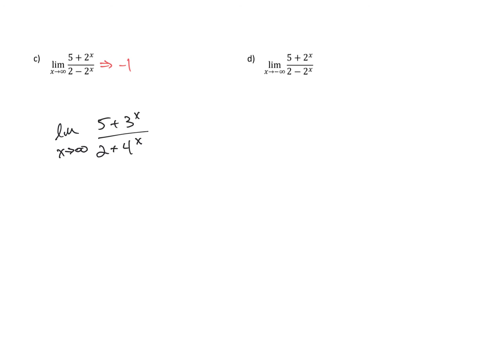So what's happening? Which one's growing faster? The bottom grows faster. So that would actually be 0, because the bottom grows faster. And it's a little bit different when we actually do x squareds, right? When I had a function like that the other day, I just looked at the speeds.